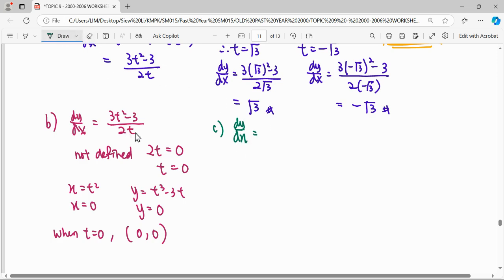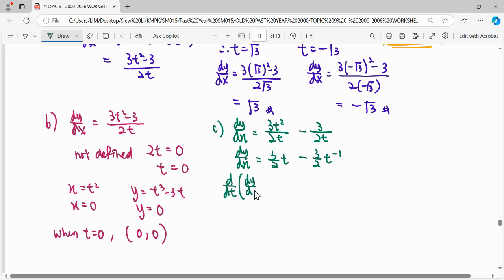As long as you have one denominator, you can separate it out. So the dy/dx simplified is 3t over 2 minus 3 over 2t, that is 3 over 2 t to the power of negative 1. When we differentiate this dy/dx with respect to t, it is 3 over 2, power move to the front, positive, power minus 1.